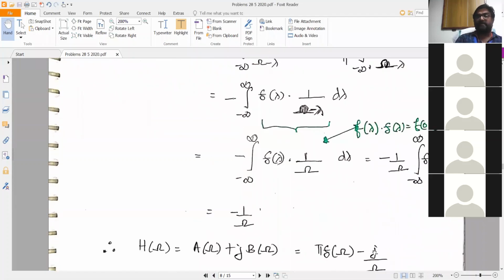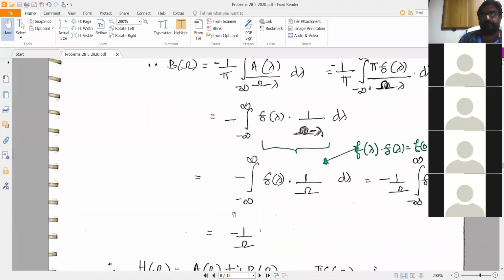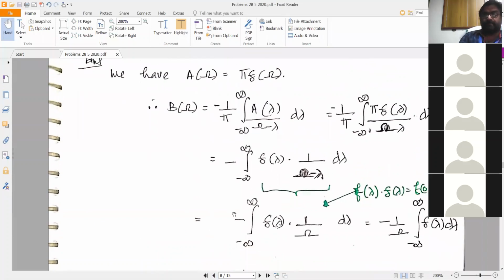So this becomes minus 1 by omega integral minus infinity to plus infinity delta lambda d lambda, which is equal to minus 1 by omega. Is that clear? So B of omega was equal to minus 1 by omega.